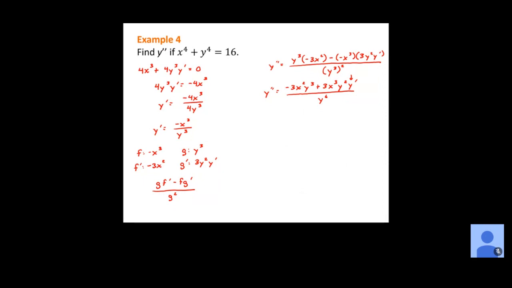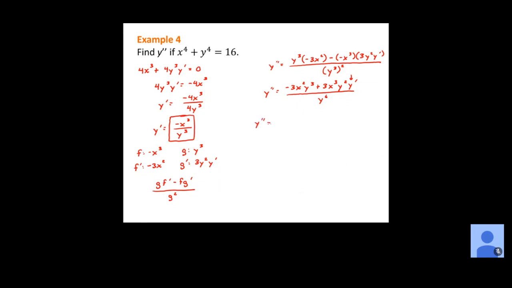So if I want to get rid of that y prime, and I need all of this to be in terms of just x and y, what could I do? Yeah, we know what y prime is equal to, right? It's equal to this, and that's in terms of x and y. So we're just going to plug that in and get everything in terms of x and y now.